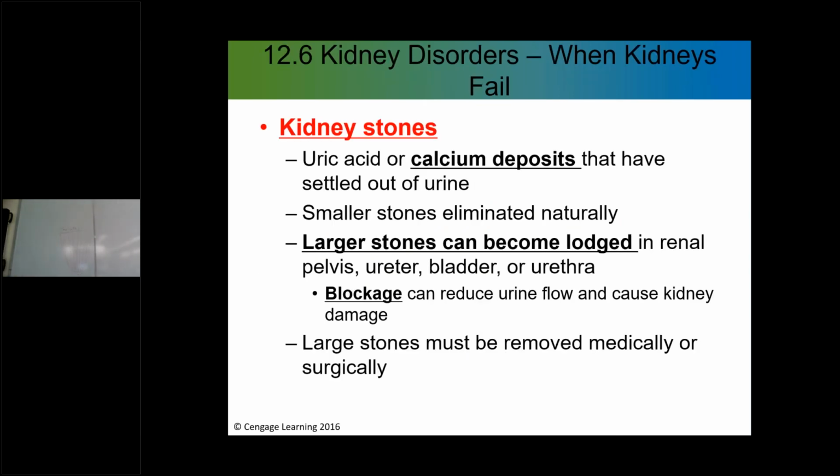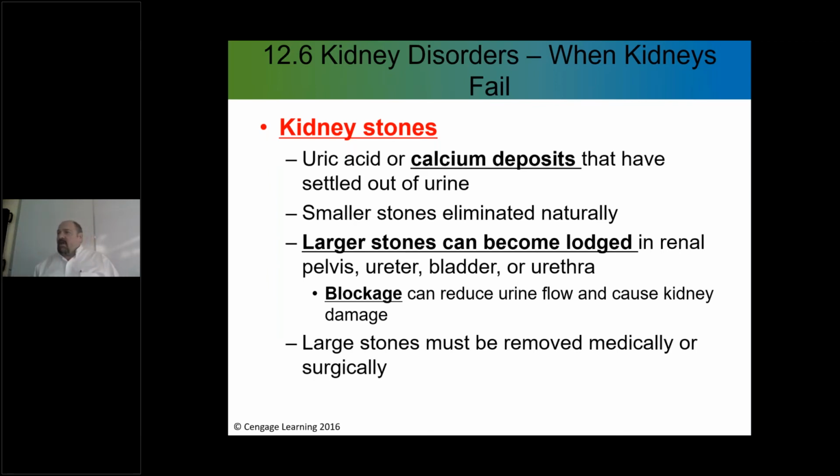Now we get to more pathology, issues of an improperly functioning urinary system: kidney stones. Okay, so kidney stones, these are terrible, folks. I've experienced them, and it's not a fun thing to go through. They can be a result of different types of material, in particular calcium, but also uric acid.